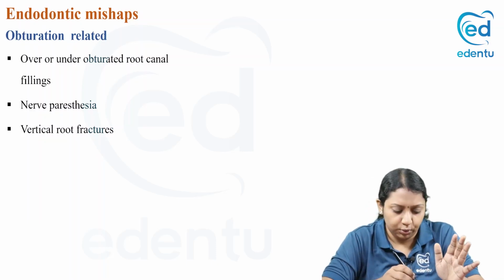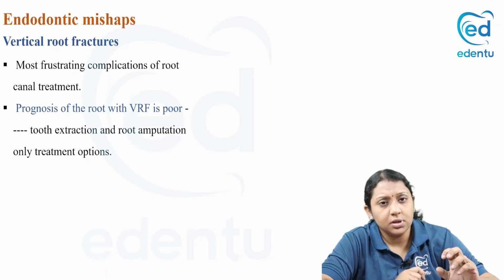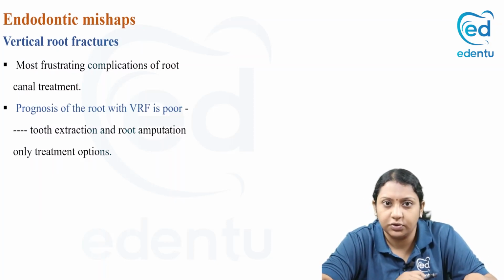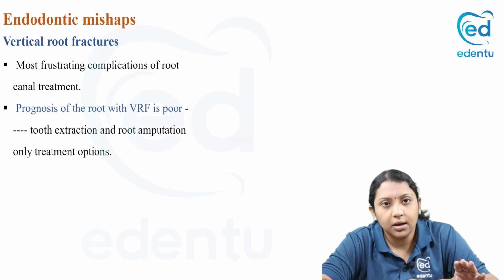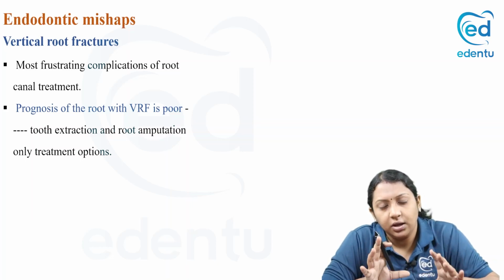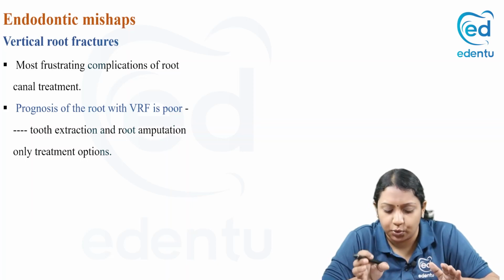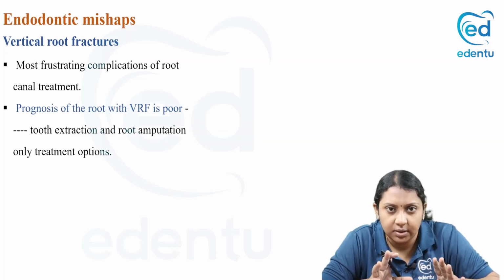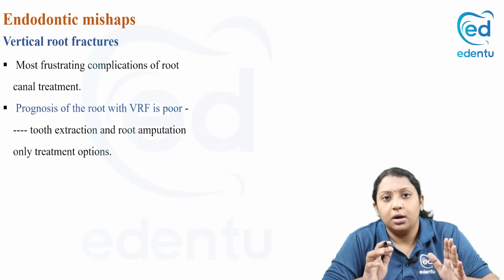Next is vertical root fracture. This vertical root fracture is the most frustrating complication of root canal treatment. Here the prognosis of any vertical root fracture case is poor because the tooth cannot be saved in most cases.